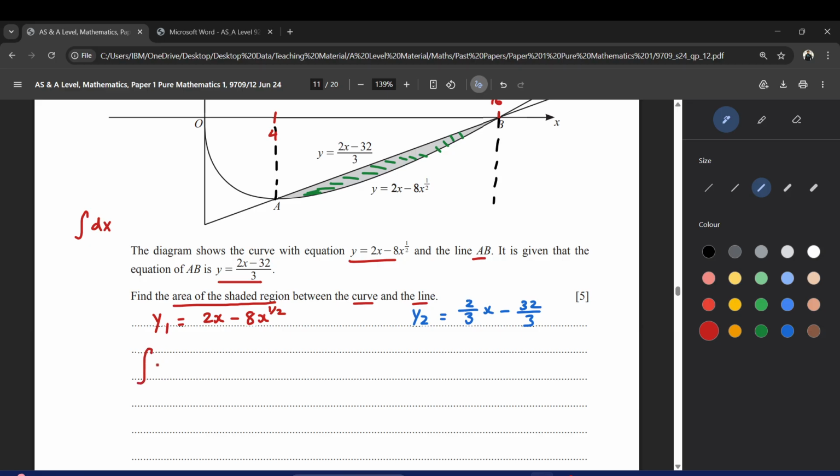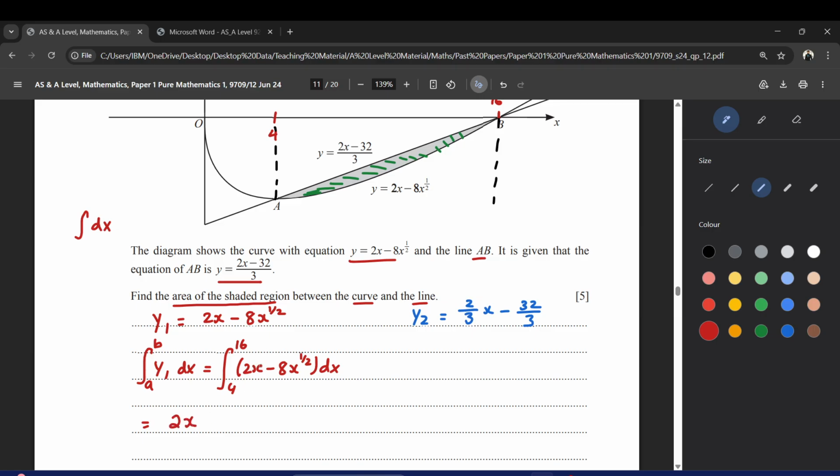All right, so let's first deal with the left hand side. I'm going to integrate this function between the limits 16 and 4 with respect to x. So that would mean integrating 2x minus 8x to the power of half dx, and the limits are 16 and 4. Now what happens in integration? You add 1 to the power first of all.